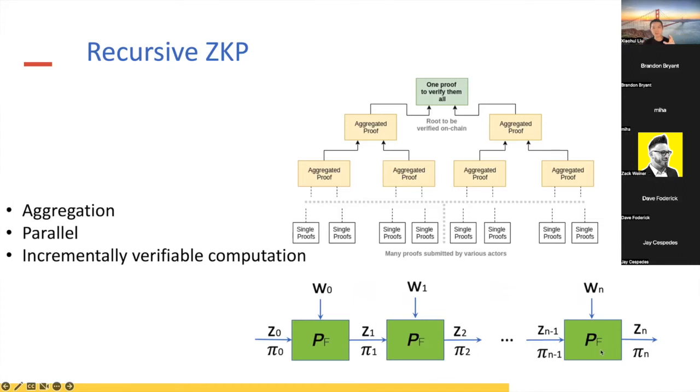The circuit only depends on two things: the function you're proving, and the randomness. Let's forget about randomness, because if the function is the same, we can always reuse the same one. So if the function is the same, you don't need to devise a new circuit for each new proof you generate.